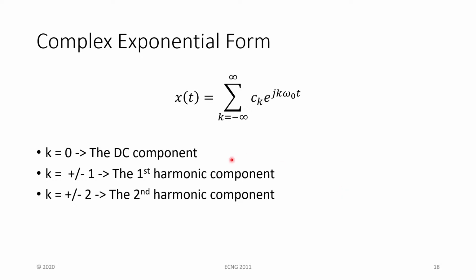As we saw before with our trigonometric form, when the index k is 0, this gives us our DC component, or average, or zero value component. But when k goes 1, 2, and 3, it will represent our first harmonic, our second harmonic, and our third harmonic accordingly. Just remember that the first harmonic is also referred to as our fundamental frequency.